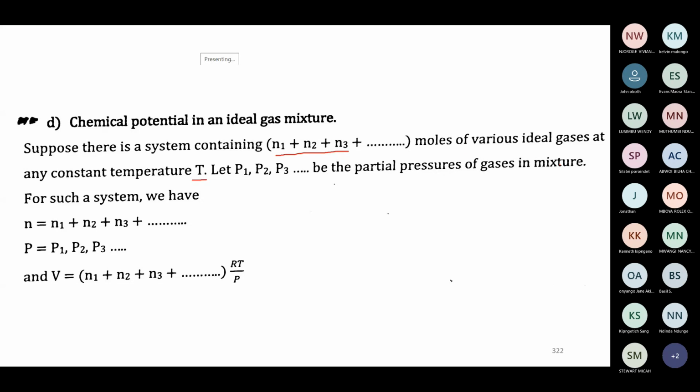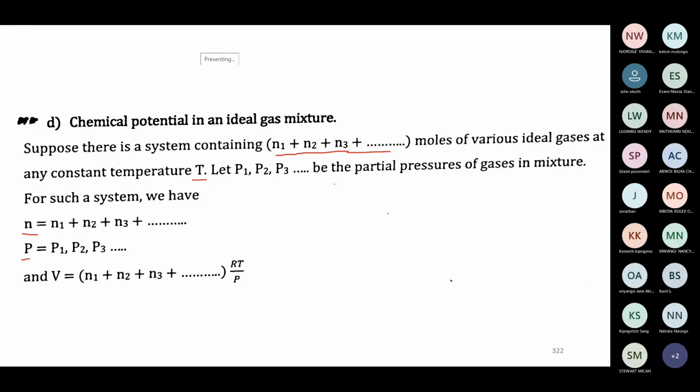So we are saying you have an undefined number of components. You can have up to 10 or even up to 5 or even just 3. Then for such a system, N, the total number of moles, is going to be given by N1 plus N2 plus N3 and so on.